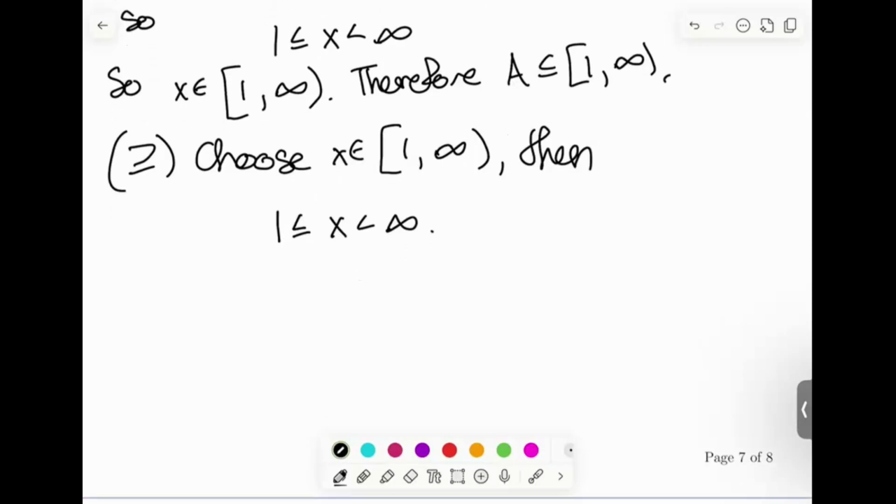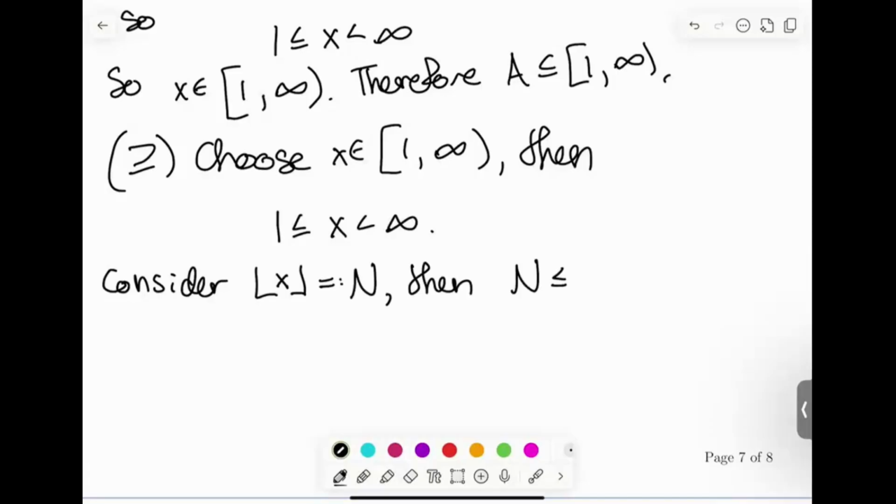So consider the floor of x, a function that's well defined on real numbers, and define this to be capital N. Capital N is less than or equal to x, because it could be that x is N.